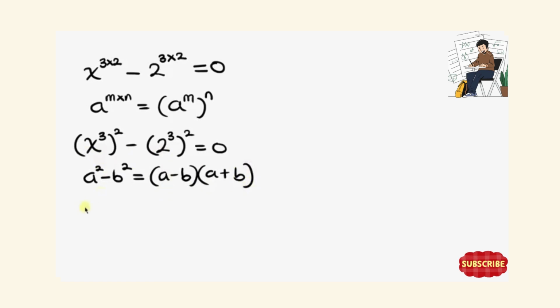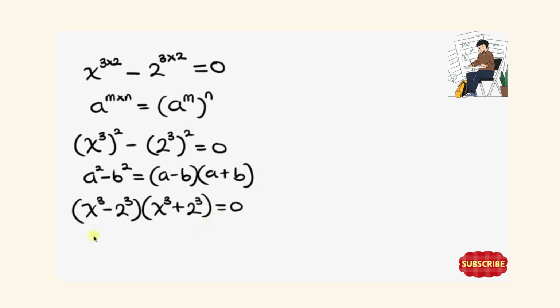So this can be x cubed minus 2 cubed times x cubed plus 2 cubed. And this is equal to 0. So we've been able to express this difference of 2 squares in this form to get this.